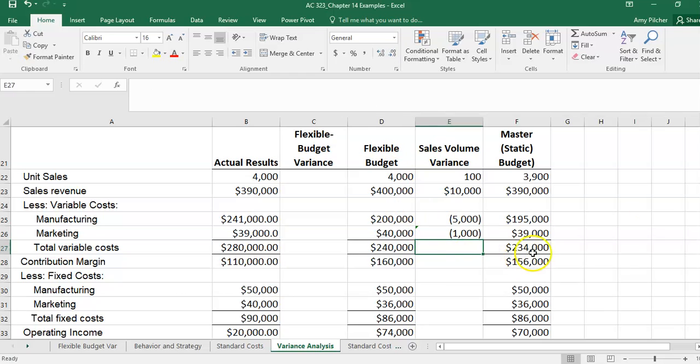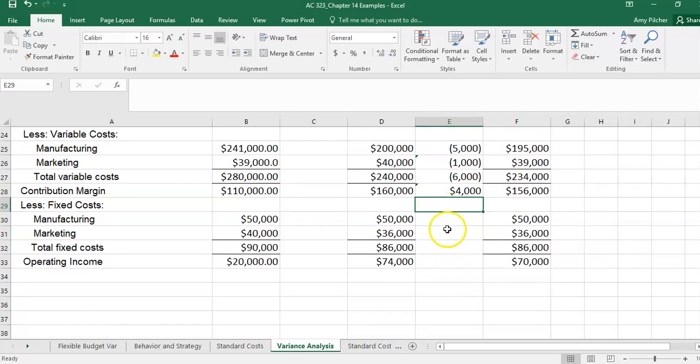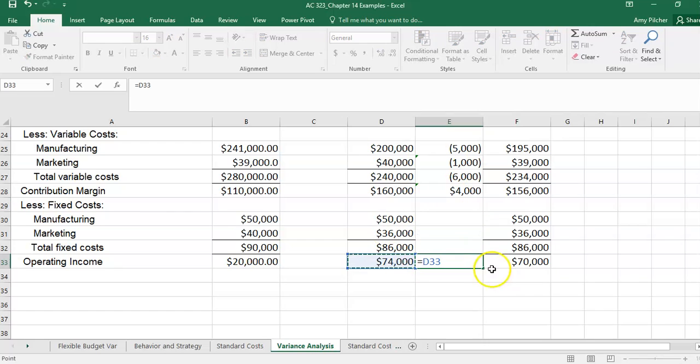So we have a $6,000 total variance in our total variable cost. We, however, have a $4,000 positive variance in contribution margin. We have zero variance in any of our fixed costs, and we have overall a $4,000 favorable sales volume variance budget.